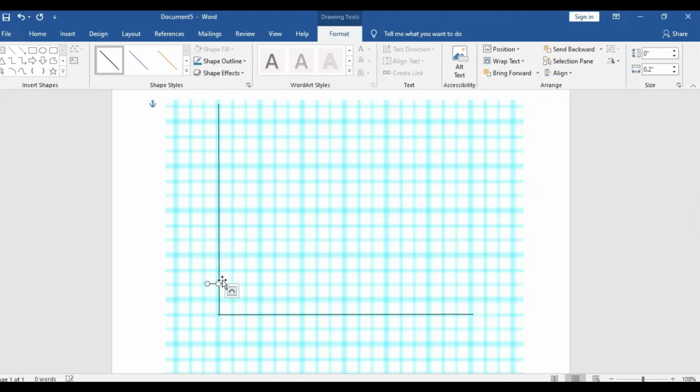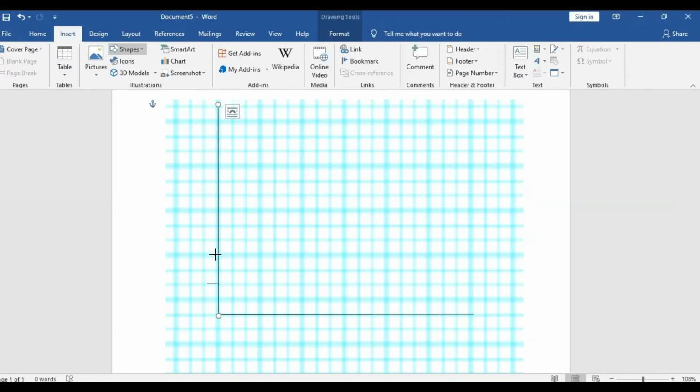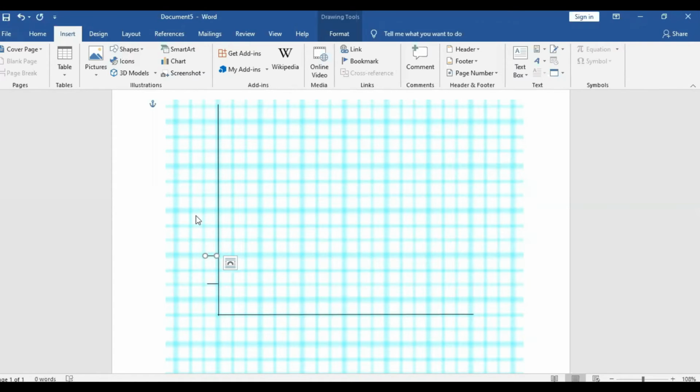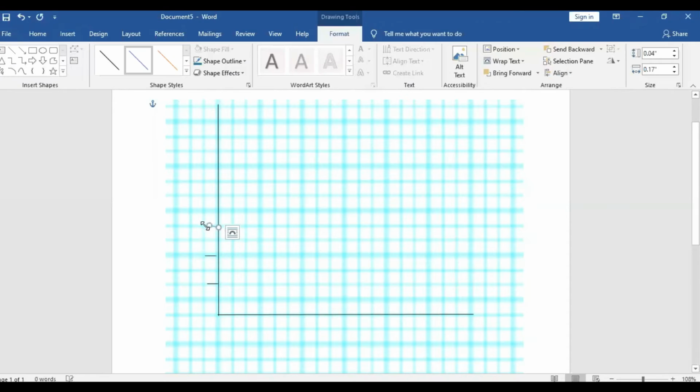Then I will skip to here, which would also be 1 centimeter. And you will keep going up and continue doing the same thing here. So each number will be an equal distance apart.